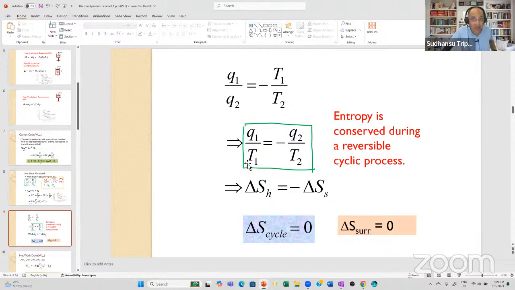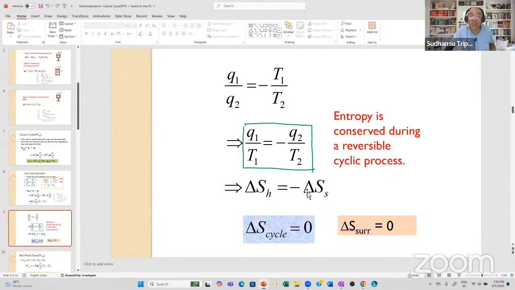Here, when it was absorbing Q1 amount of heat from the source and the temperature was T1 at the source, the net gain in entropy, we already have known that Q by T is entropy. So the entropy change by the system, that is increase of entropy that has happened while Q1 amount of heat was absorbed by the system, is exactly same as the loss of entropy, the decrease in entropy that happens when Q2 amount of heat is thrown to the sink at a lower temperature T2.